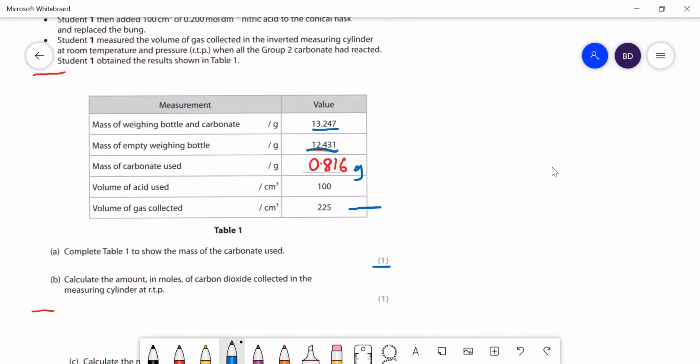Calculate the moles of carbon dioxide collected in the measuring cylinder. We've got the volume of the CO2, 225 centimeters cubed, which is equal to 0.225 dm cubed.